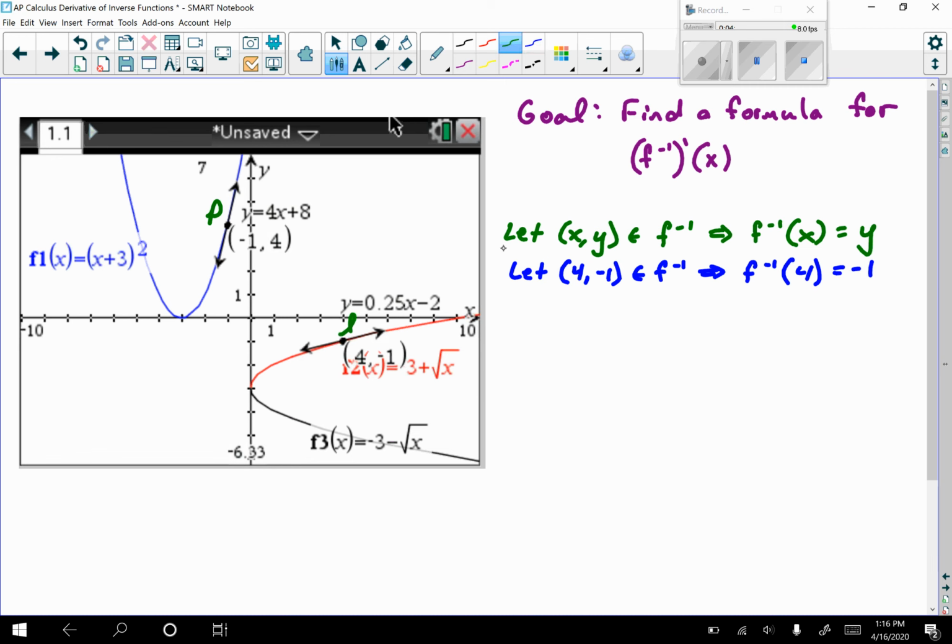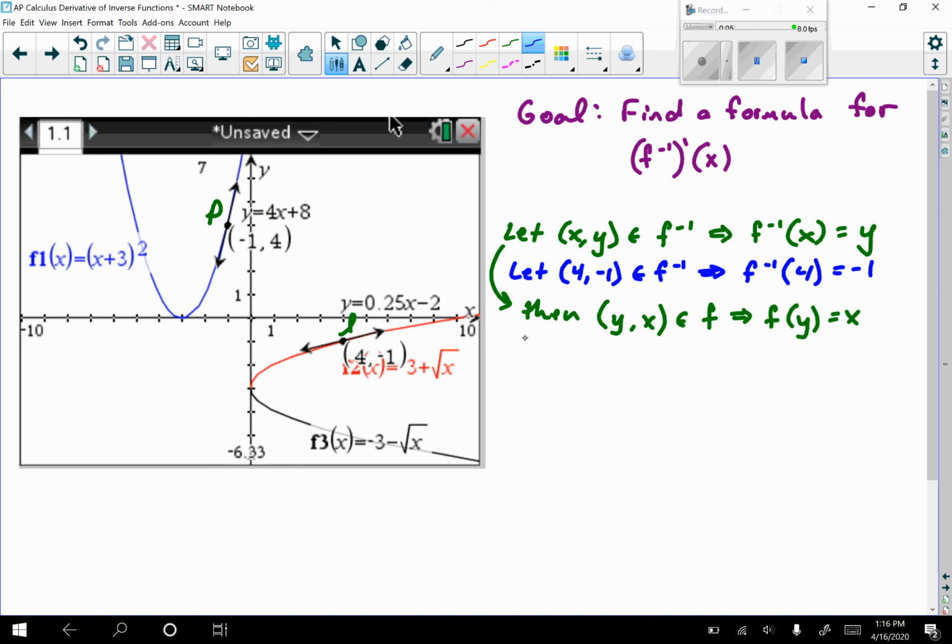Then continuing this, if I let this happen for any point (x, y), then the ordered pair (y, x), because I'm just going to switch around the x and y values, is going to be a point on the original function f. And to translate this back to function notation, f of y is going to equal x.